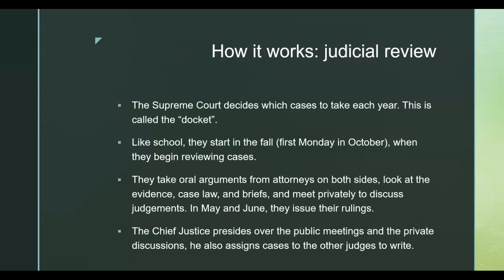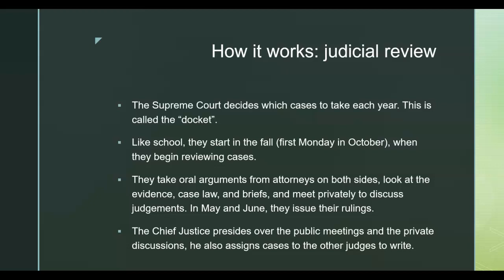How it works, judicial review. So the Supreme Court decides which cases it will take each year. This is called their docket, okay? What's on the docket, okay? And it's basically like a to-do list of cases. Well, we're going to take 15 cases this year, and it goes 1, 2, 3, 4, right? And they turn down tons of cases.